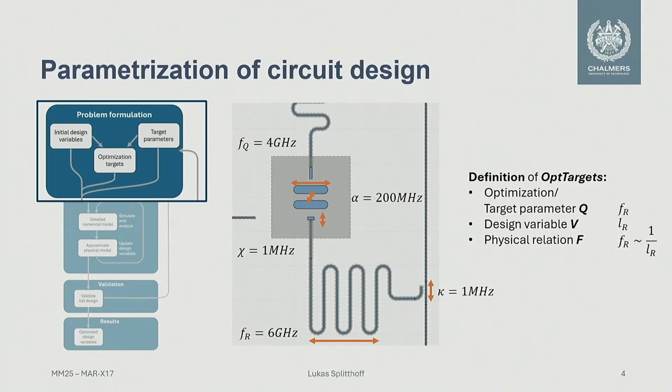And for the frequency of a resonator, we have this inverse relation that can be implemented. But of course, for many other parameters that we find in our circuits, we can write a similar approximate physical model and input this into the optimizer.